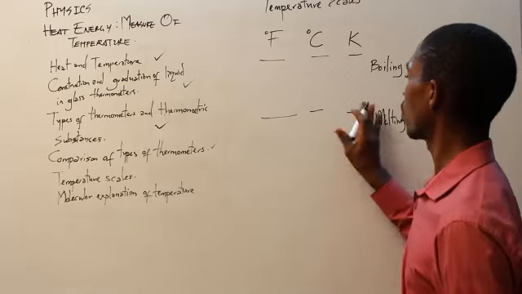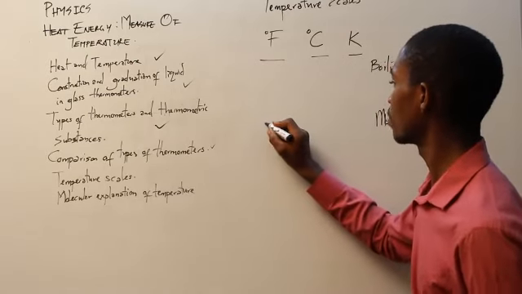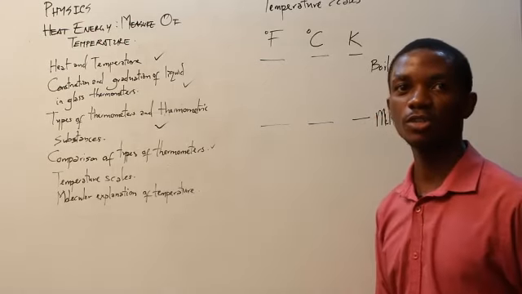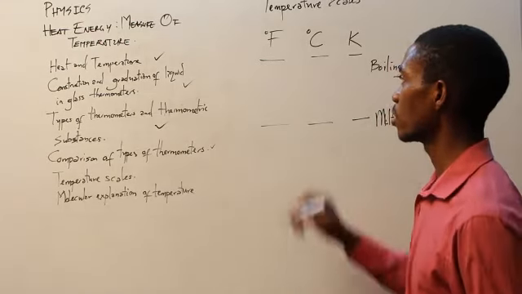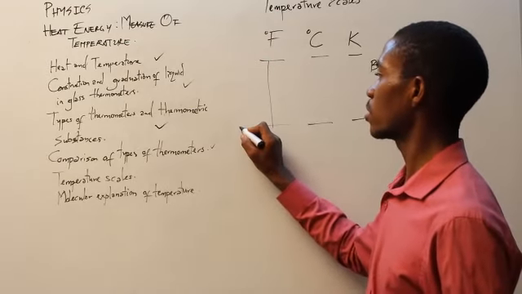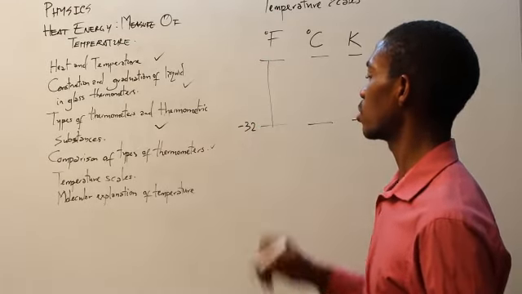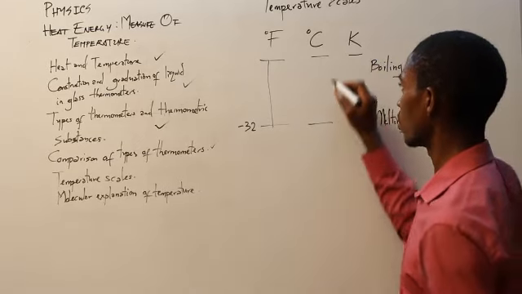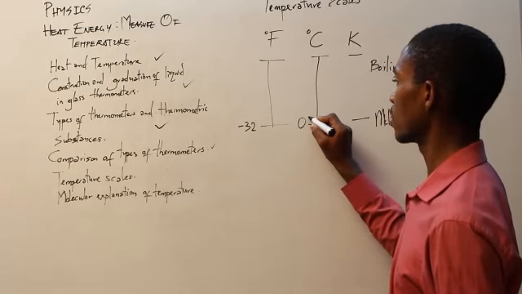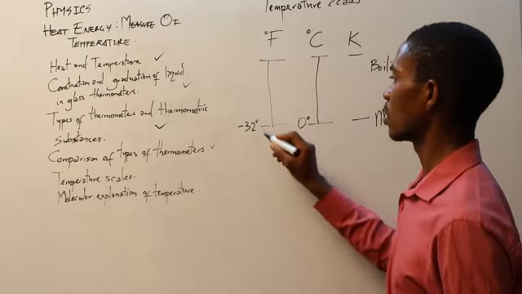Now, each of them has different values allotted to these points. In the Fahrenheit scale, the melting point is 32 degrees. In the Celsius scale, which is the centigrade scale, the melting point is 0 degrees.